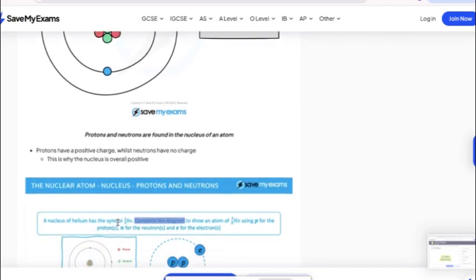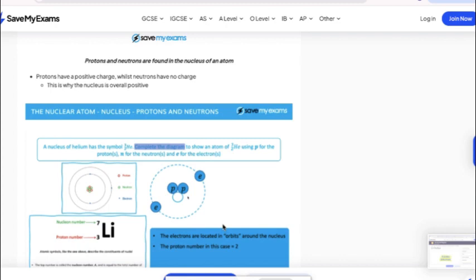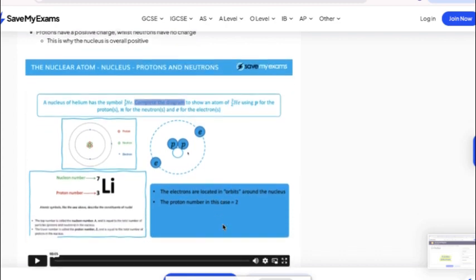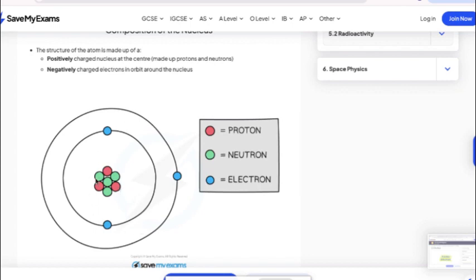Okay, so for an atom where you are not told which one is proton and which one is neutron, the electrons are the ones that revolve around the nucleus. This is the nucleus, the place where you have the protons and the neutrons. It is the nucleus of the atom, and it's called the nuclide. It consists of the particles found inside it, which are the protons and the neutrons.